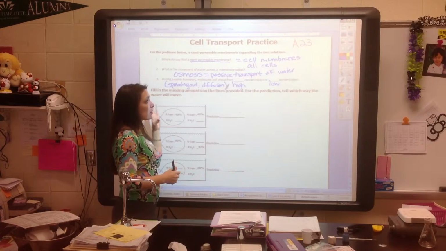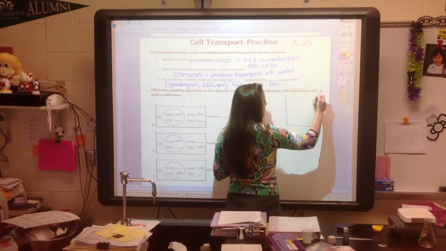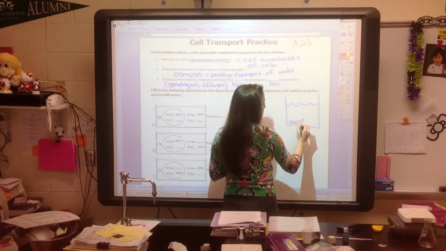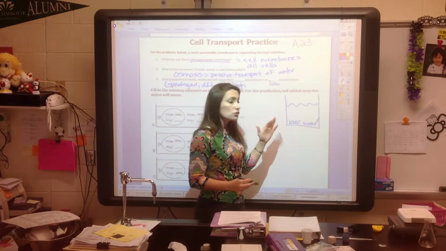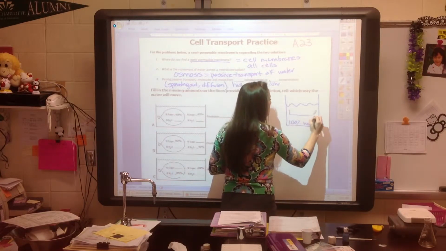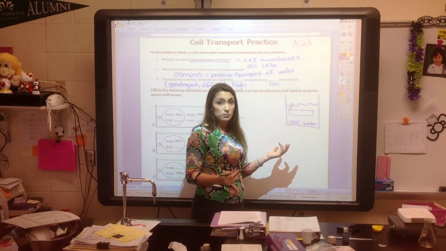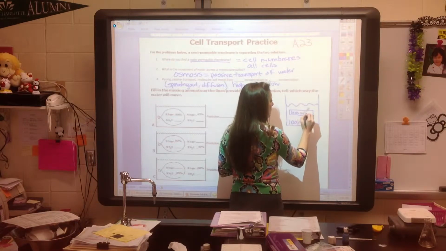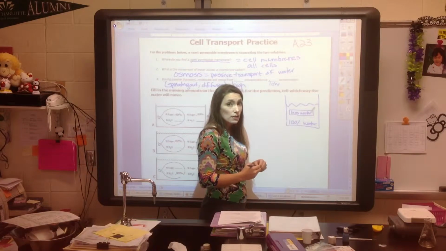That if we put a cell, just like we did yesterday, so draw this with me. Here is our pure water, 100% water. So we had a cup of 100% water, and we put a piece of potato in it. Was your potato 100% water? No. So there was less water in the potato compared to the concentration of water in the cup.